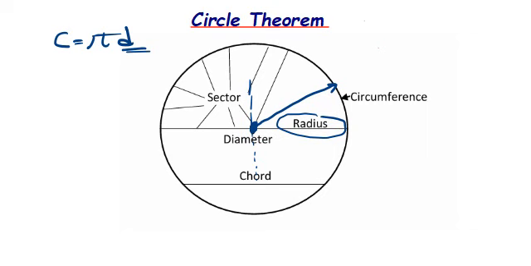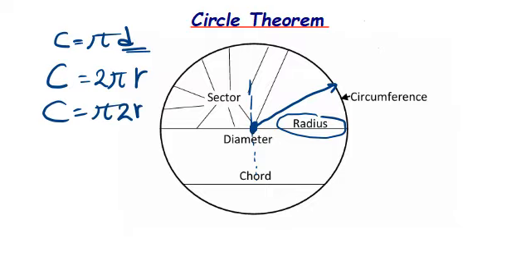Now, in the case where they haven't given you the diameter, in order for you to come up with the circumference, you can just say 2 pi radius, because we understand that the radius is just half of what? Of the diameter. So you can use either this formula or that formula in order for you to come up with the circumference of the circle.